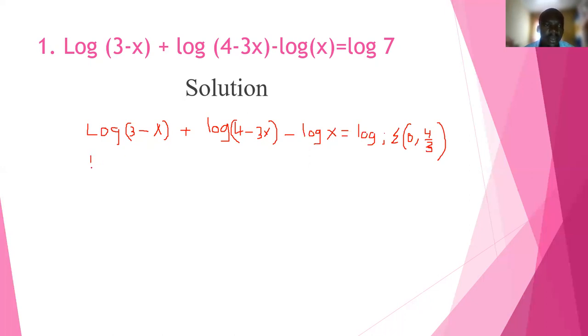So we'll have log, we multiply 3 minus x by 4 minus 3x, minus log x, is equal to log 7.